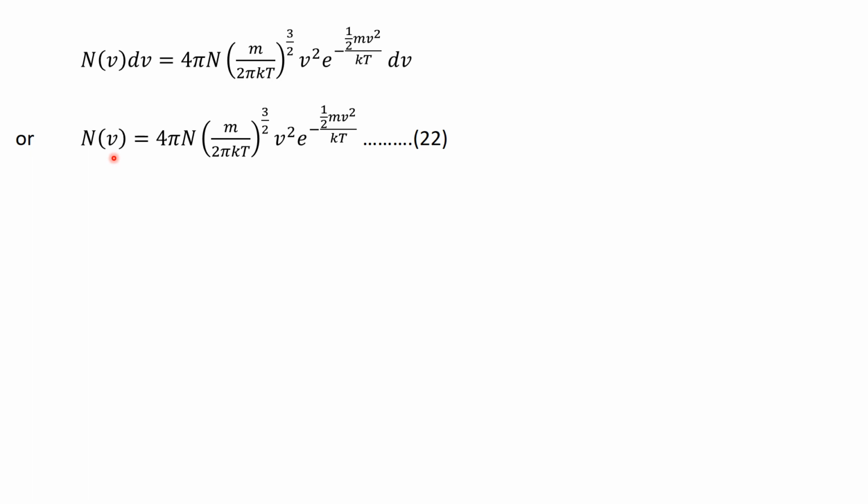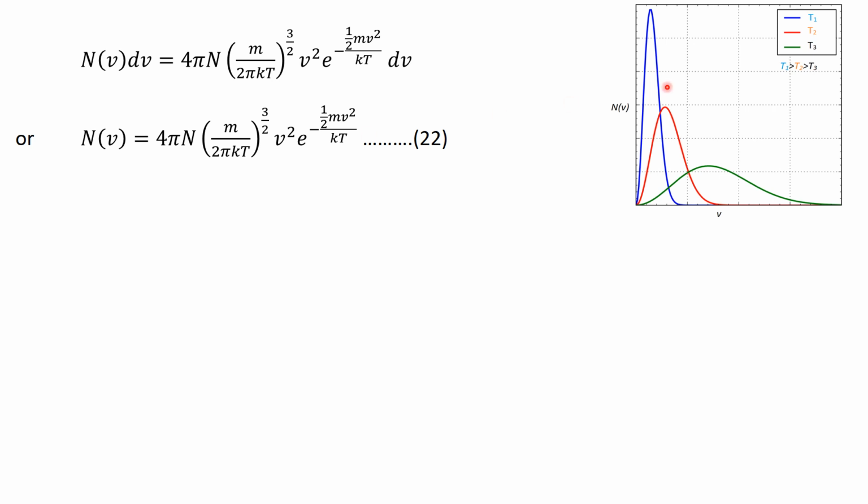This depends upon two things, velocity and temperature. If you increase the temperature, the velocity of course increases. If you plot this, you will have this relation n(V), and you have this curve. Remember that the area under the curve gives you the total number of particles of the system.